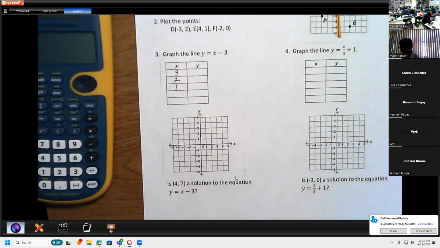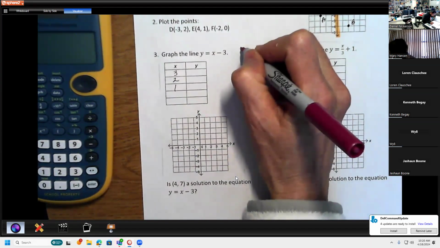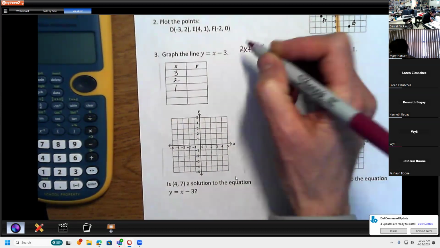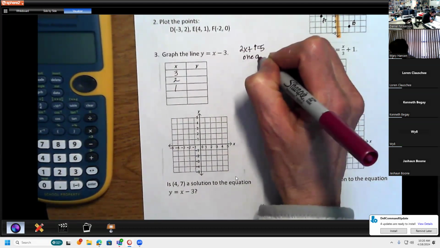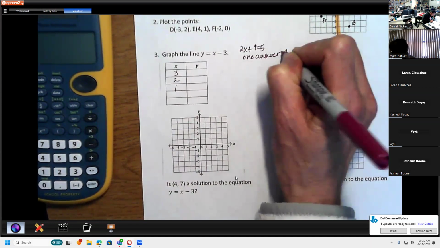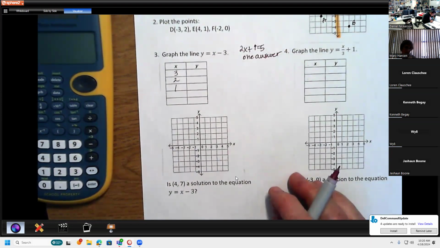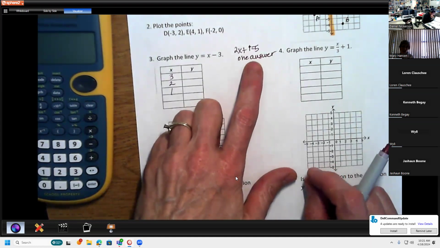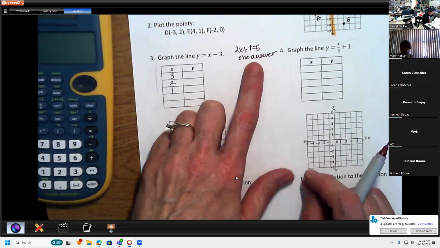And we talked about the fact that when we solved equations like 2x + 1 = 5, there's only one answer to that problem. And the answer would be 2, because 2 times 2 plus 1 is 5. There's only one number that fits in that equation that is a solution, okay?